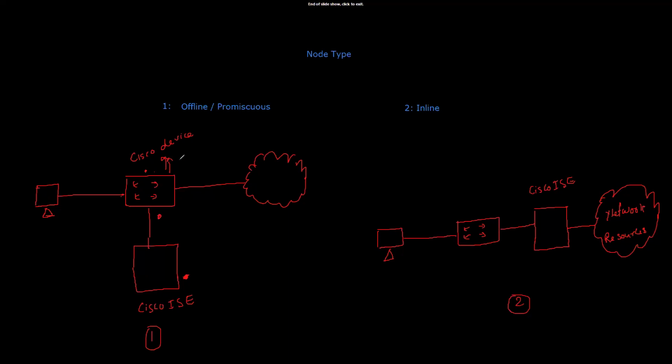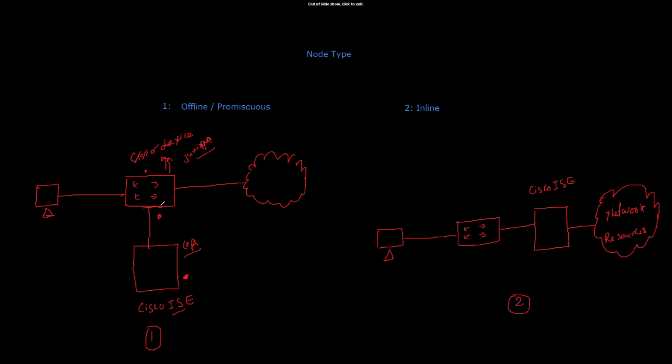If this device is not a Cisco device, it's let's say Juniper or some other vendor, and the switch does not understand whatever change of authority command Cisco ISE is issuing from here.